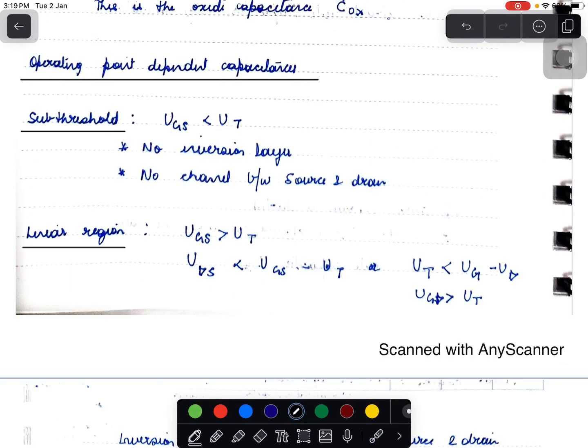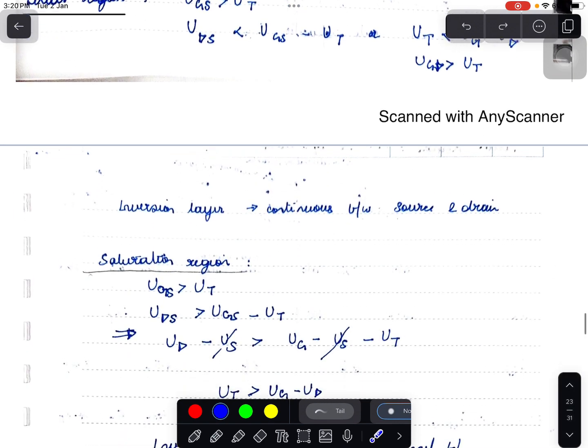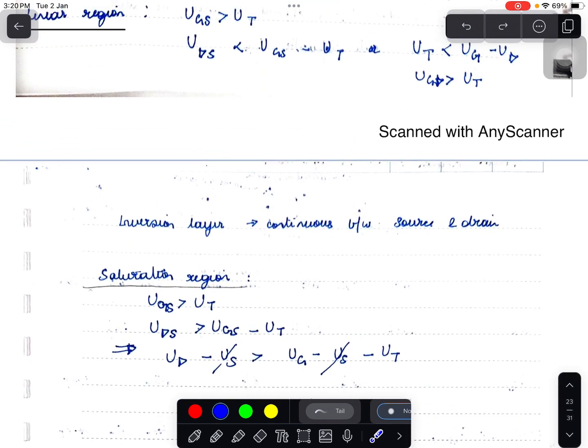These parasitic capacitances are dependent on the operating regions of the MOS transistor. In the sub-threshold region, where VGS is less than VT, there is no inversion layer, so there won't be an oxide capacitance, as there is no channel formed between the source and drain. In linear region, VGS is greater than the threshold voltage and VDS is less than VGS minus VT. So there is a channel formed, and this channel is a continuous channel.